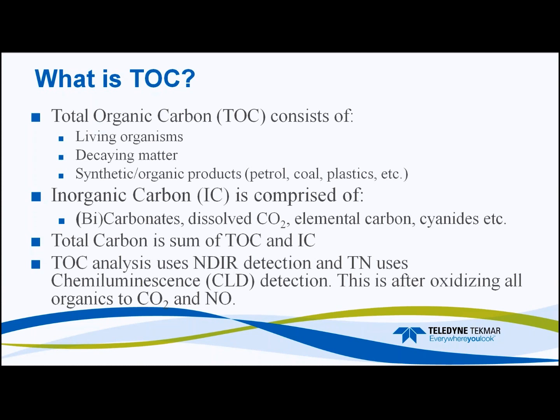Usually the total carbon is the sum of the TOC and the IC, and we're typically using a type of non-dispersive infrared detection system for when we take the sample and oxidize the carbon to carbon dioxide, and then have that read by the NDIR detector.